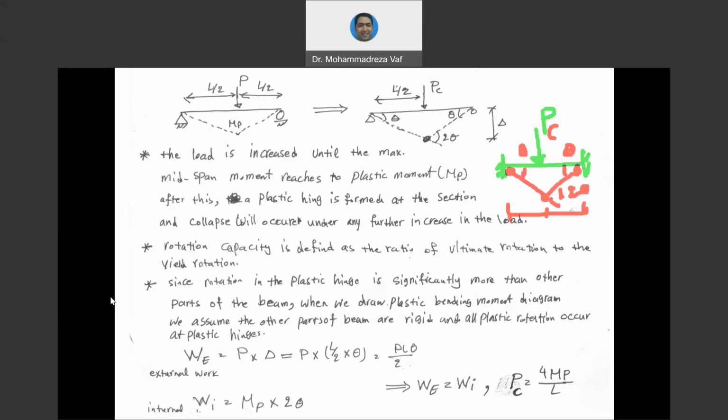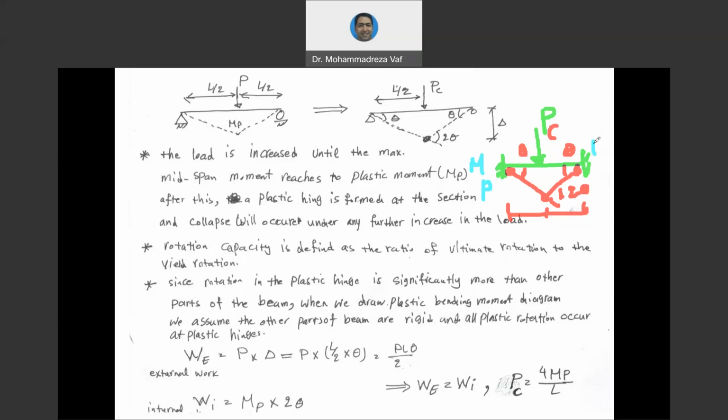What makes the difference between the previous case and this case is that in the previous case, when we were calculating the internal work, we said since from the beginning these two were hinged, they didn't do any additional work for us. That's why it didn't come into the calculation of internal work.